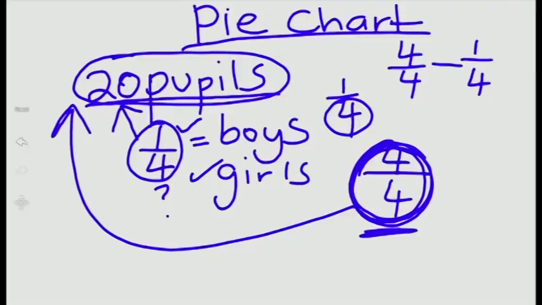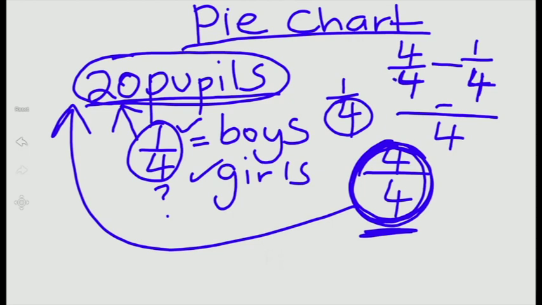So 4 over 4 minus a quarter. I hope you still remember your lowest common multiple. What is the LCM, the lowest common multiple, of this 4 and this 4? It is a 4.